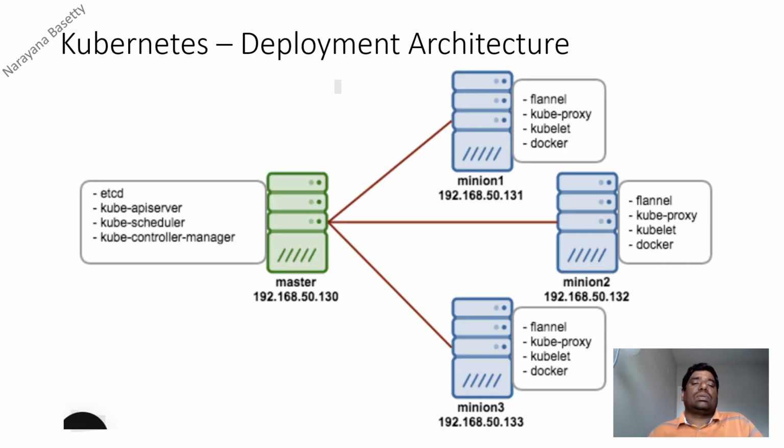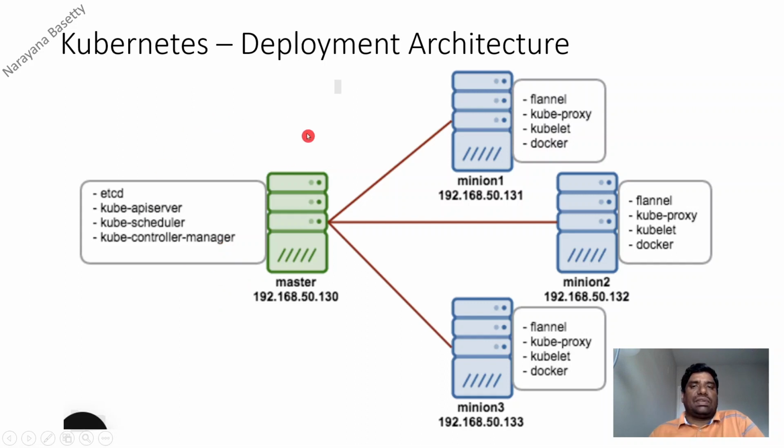This is how simple the underlying architecture of hosting a Kubernetes platform is, before we launch or host any application into the Kubernetes architecture. If you look here, this is a master service which is running kube scheduler, kube API server, etcd, and kube controller manager.